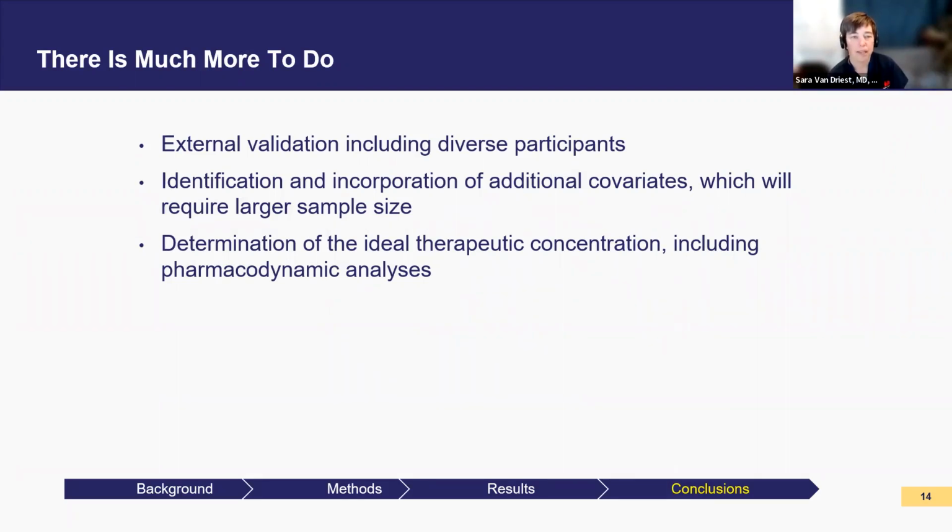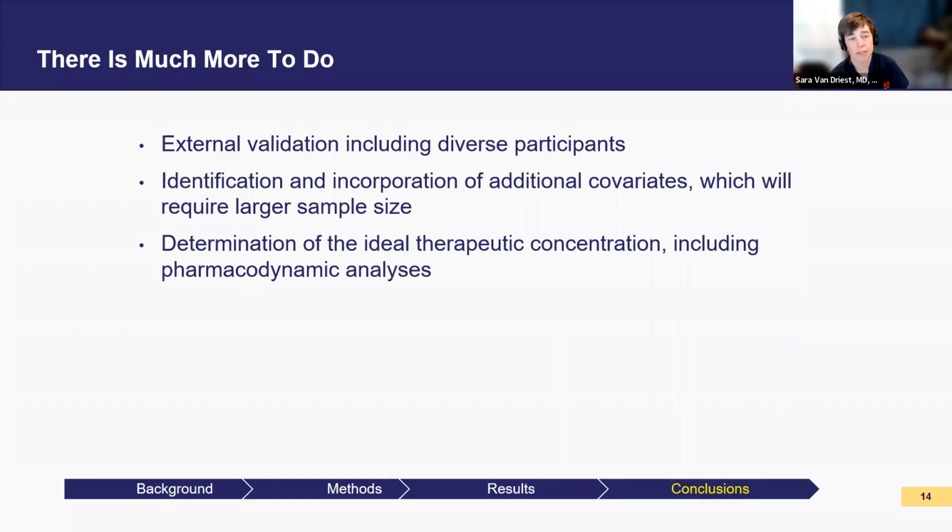And then throughout this fentanyl research, which I've been pursuing since my own fellowship in clinical pharmacology, I've been chasing after ways to explain the variability in fentanyl concentrations, but we still don't know the ideal therapeutic concentration, nor whether that's consistent, and it probably isn't consistent across different individuals.